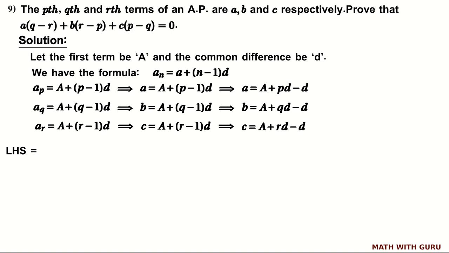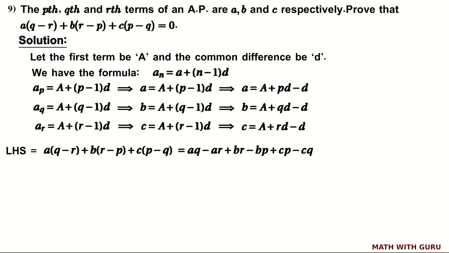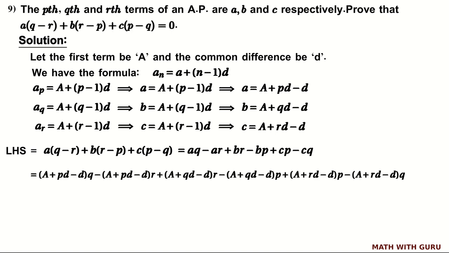Now, we shall start from the left hand side. a into q minus r plus b into r minus p plus c into p minus q. Let us open the brackets. aq minus ar plus br minus bp plus cp minus cq. Let us substitute the values of a, b and c like this. Then multiply them.